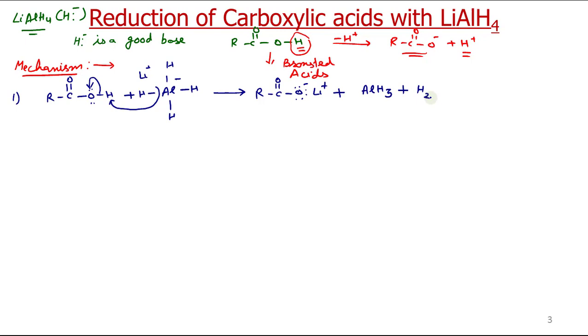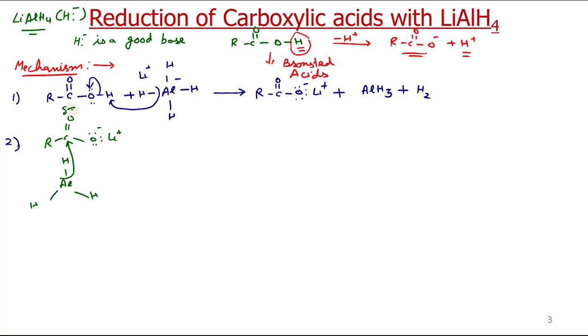Now let us see what will be the second step. In the second step, this AlH3 will attack this carboxylate. Now it can attack here, so I will write it like this: R C double bond O negative Li positive AlH3. Now this H negative can attack this carbon.